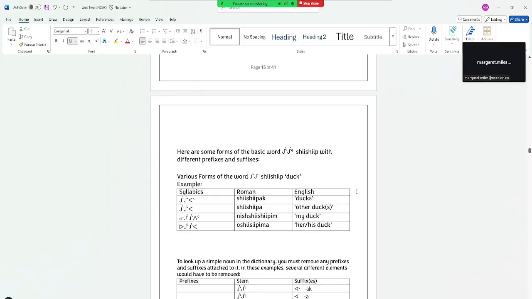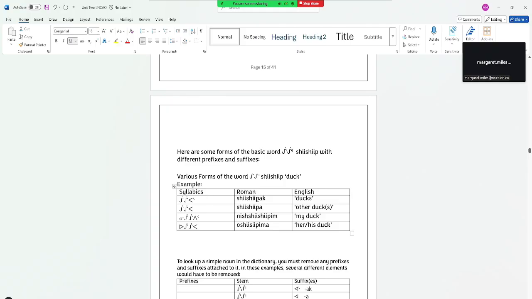And here we have another example. The word here is shishib, meaning duck. On the left-hand side is the syllabics. So the first one says shishibak.